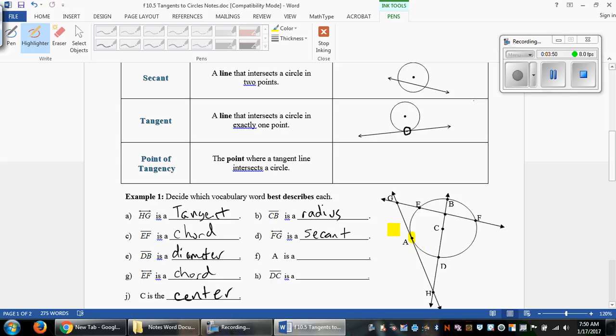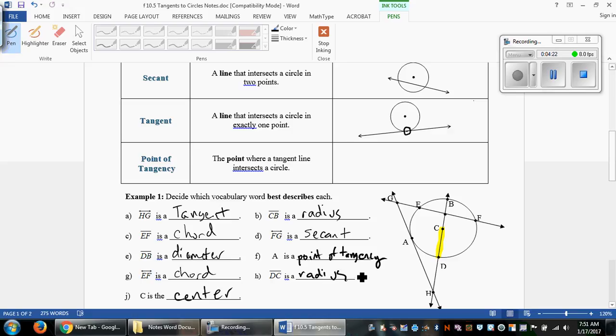You'll notice that it has just a single point with a line touching the circle, so that is a point of tangency. And last we have DC. DC looks to be the same as CB, just going the other direction, so that is a radius.